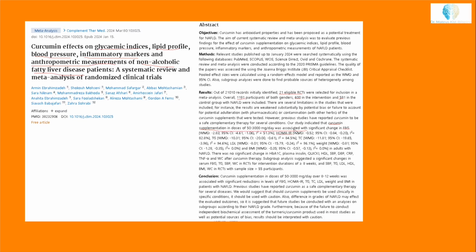HOMA-IR is a measurement of insulin resistance. Higher insulin resistance is detrimental. It's the hallmark of diabetes, for example. A beneficial effect was also seen in lowering triglycerides, total cholesterol, low-density lipoproteins, and reducing weight.